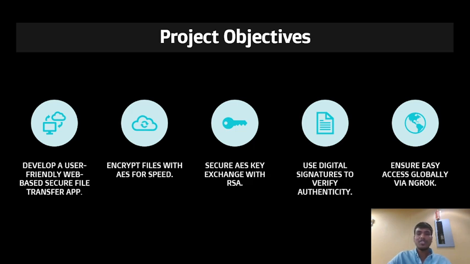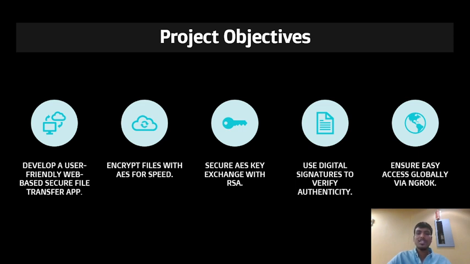Now, coming to the project objectives, these are as follows. One is secure file transfer. We aim to provide a system that allows users to upload, encrypt and transfer files securely, which is achieved using AES encryption for files and RSA encryption for key exchange. And also the most important thing is a user-friendly interface.